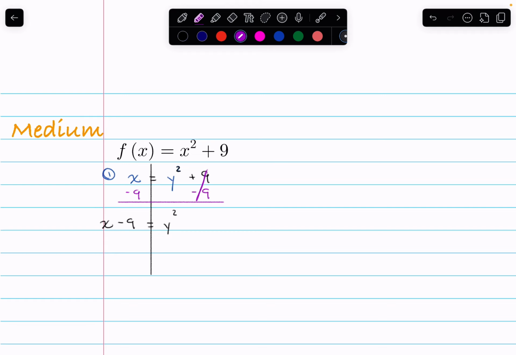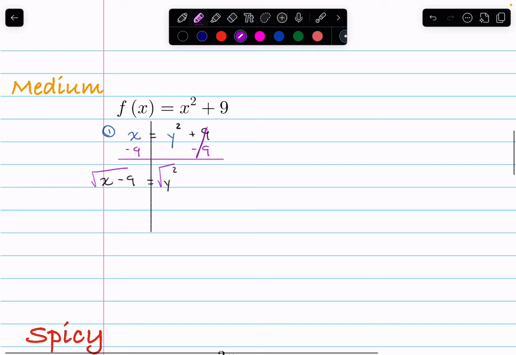Last but not least, I am going to take the square root of both sides because I need to get rid of the squared. And I would be left with y equals the square root of x minus 9. Again, we can't break that apart because of the x minus 9. Okay? So to write it in the correct format, we're going to write f to the negative 1 of x equals the square root of x minus 9.